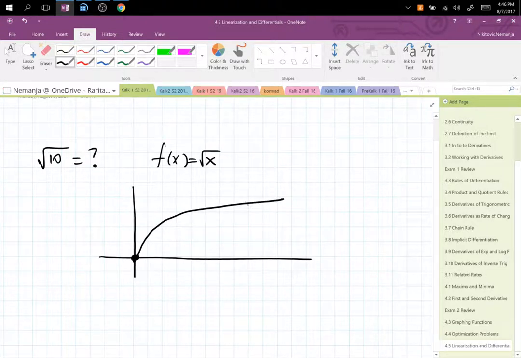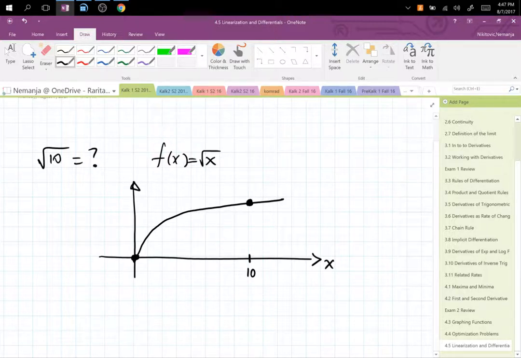Somewhere over here is the number 10 that you are interested in. You are interested in a y value because this question mark here is the y value for that calculation.